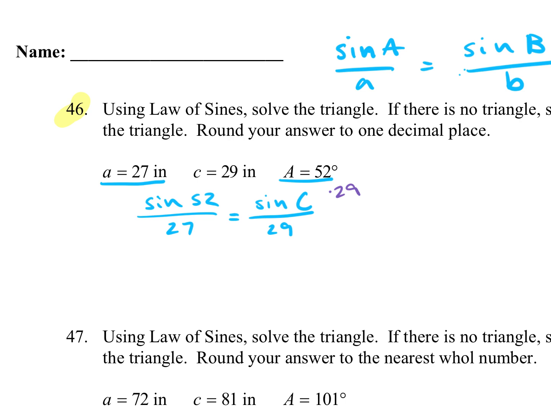We can do that. So sine of 52 times 29 divided by 27. And you should get 0.84638 is equal to sine of C. Now we want to find the angle, so we take the inverse sine.